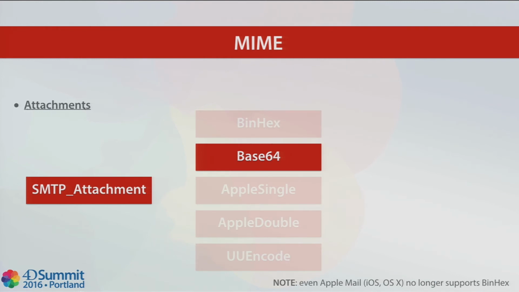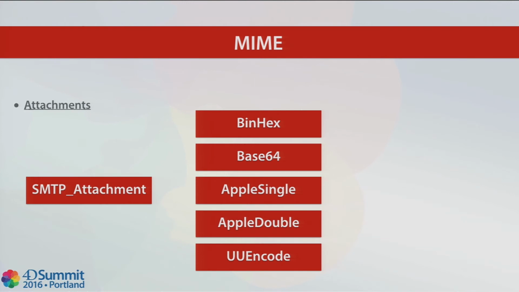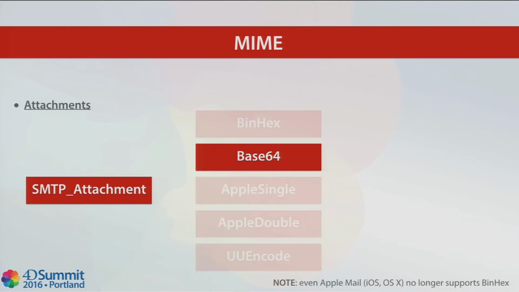The other formats, like Apple single and Apple double, were really ways to support the good old resource fork idea in Mac OS 9. Nowadays, even the mail application on an iOS device does not support these encodings. So there's no reason not to be using base 64.